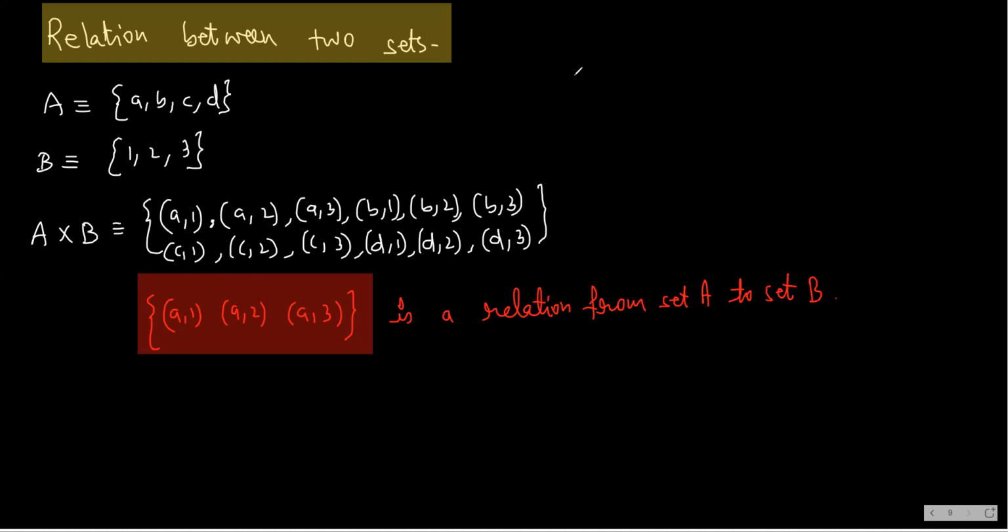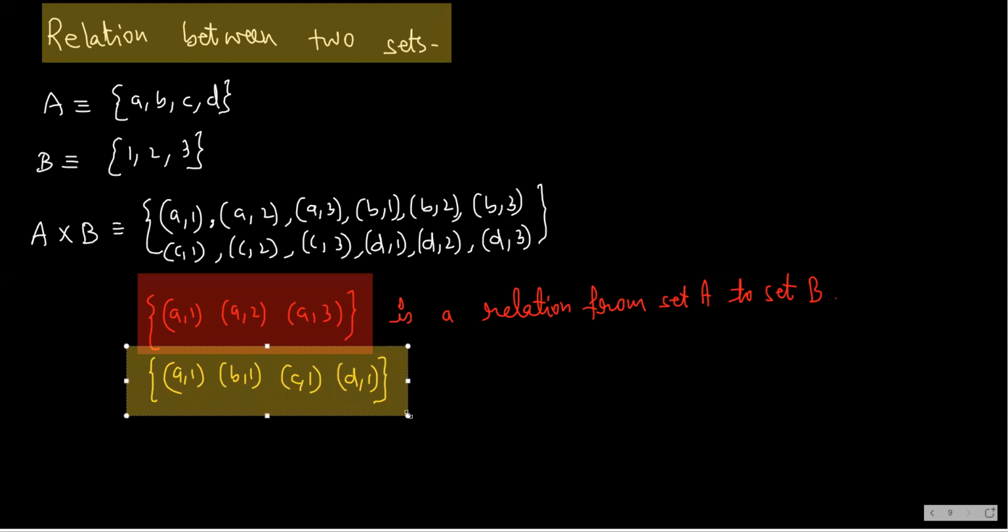Now you might have a question: we wrote a subset of A cross B, but we can write many subsets of A cross B. You are right, I can write many subsets. See, I can write a1, b1, c1, d1. This is also a subset of A cross B. Why?